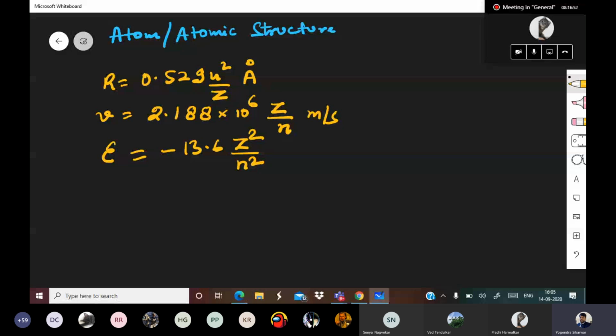So as the value of z increases, energy decreases. As the value of n increases, n square will increase. So the denominator is increasing and the value will decrease, but with a minus sign the whole thing will increase. So keep all these small things in your mind.